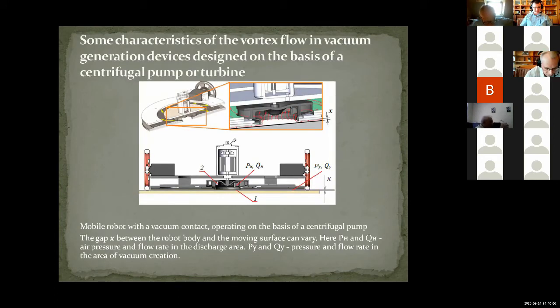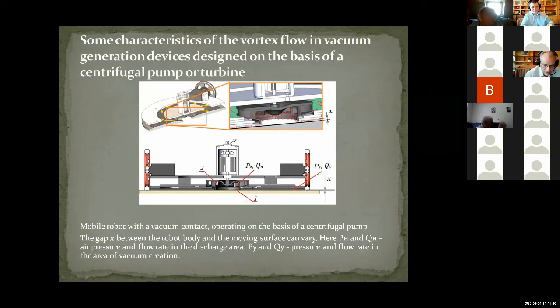Here in this figure we show a mobile robot with vacuum pressing to the surface based on the operation of a centrifugal pump. The movement of air flows between the robot body and the pressing surface is schematically represented by these arrows.